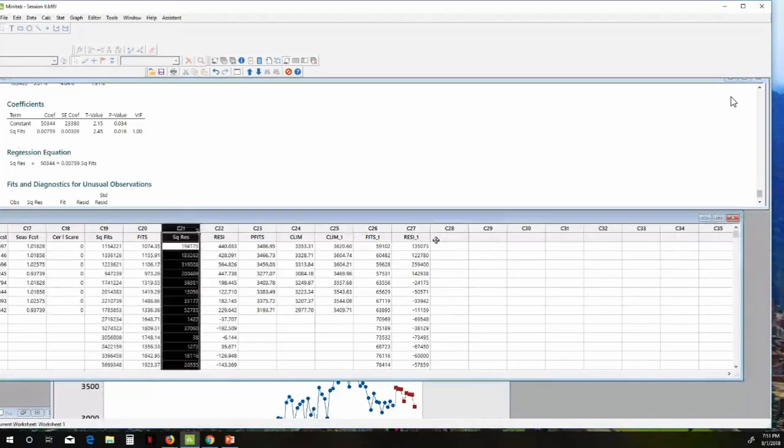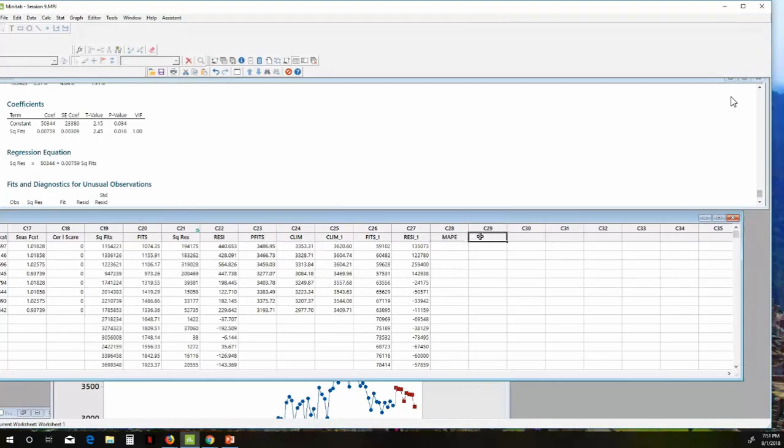It means if I calculated MAPE and RMSE, which I will do, from the residuals, right? And no, these are not the residuals.